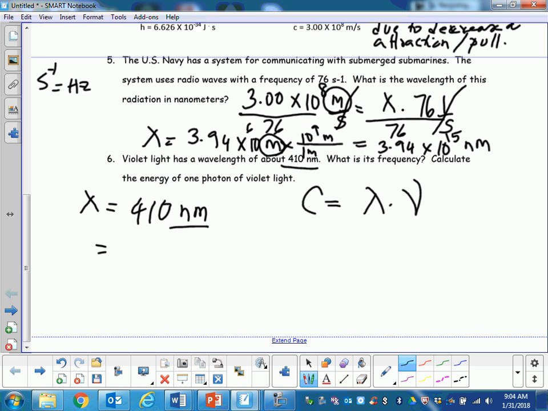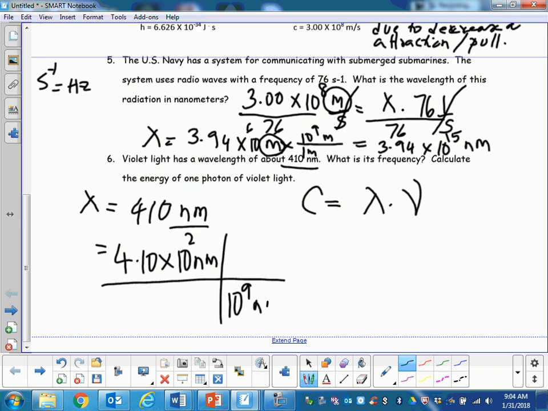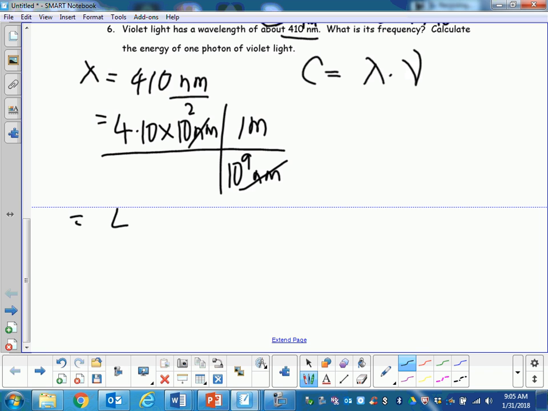Meters. Remember last class we did this? We did 10 to the 9 nanometers equals 1 meter, which makes it 10 to the -7 in meters. Is that right?